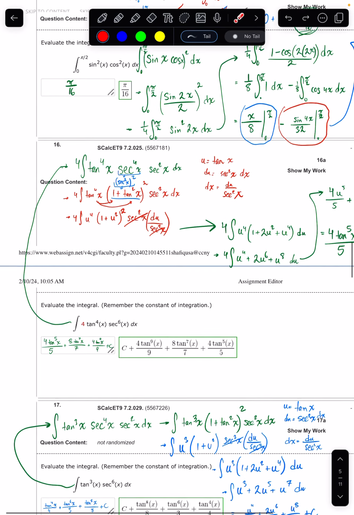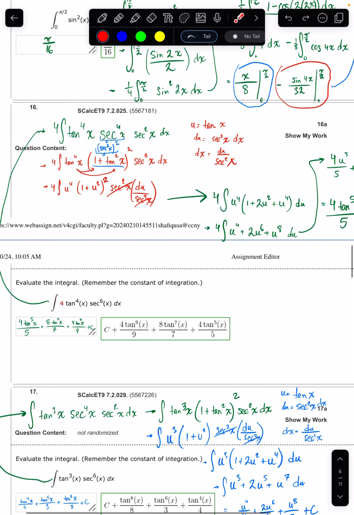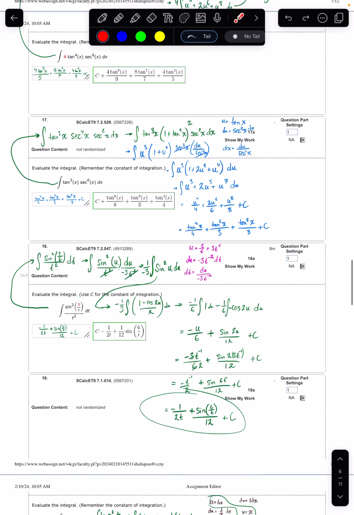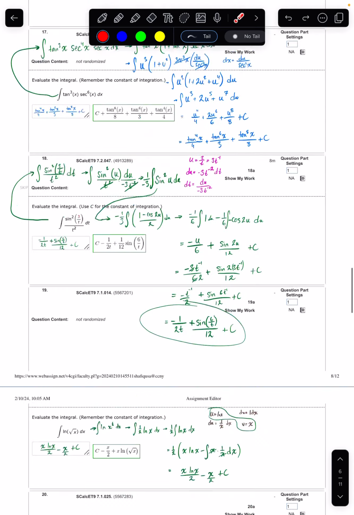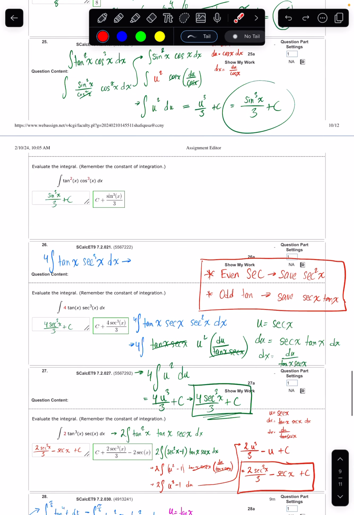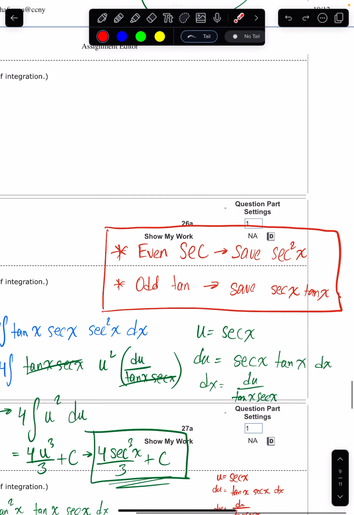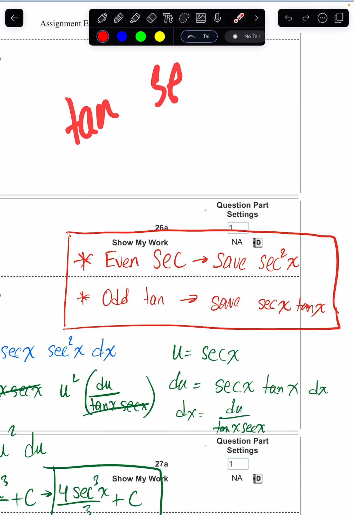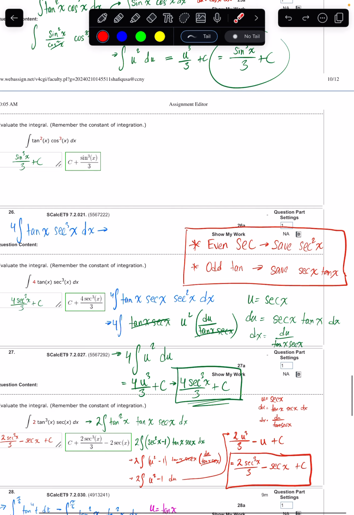Alright, yeah, I was a bit freaked out on this one too. But a general rule that I picked up from a video I watched. Where's that rule? Oh, here it is. If you have tan and secant in an equation like the one we have right now, or even in this one, right?